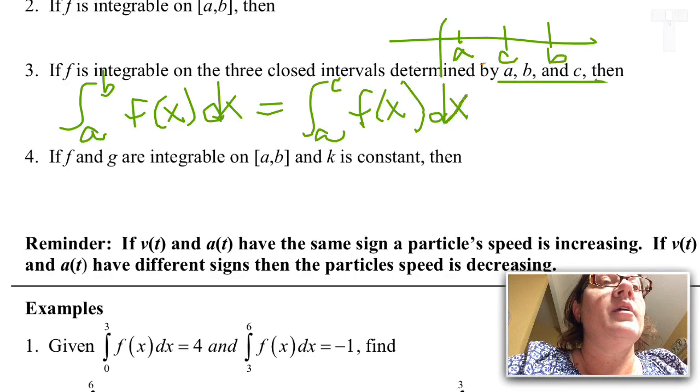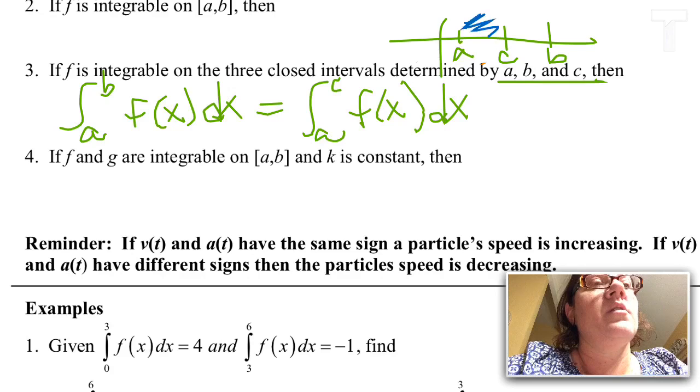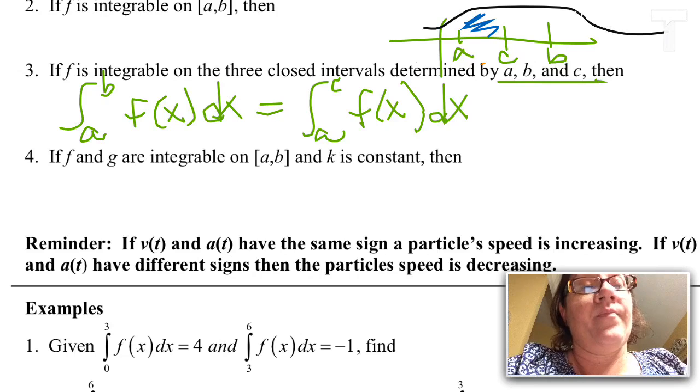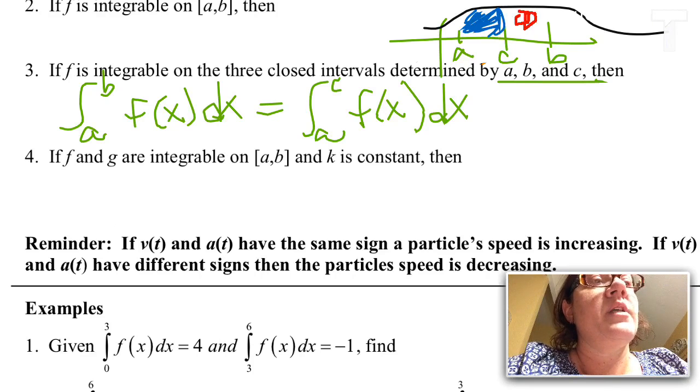and the area, so I would know whatever the area was up here. So if I have a particular function, let's say, I kind of ran out of room. And I know that area from a to c. And then I also happen to know the area from c to b.